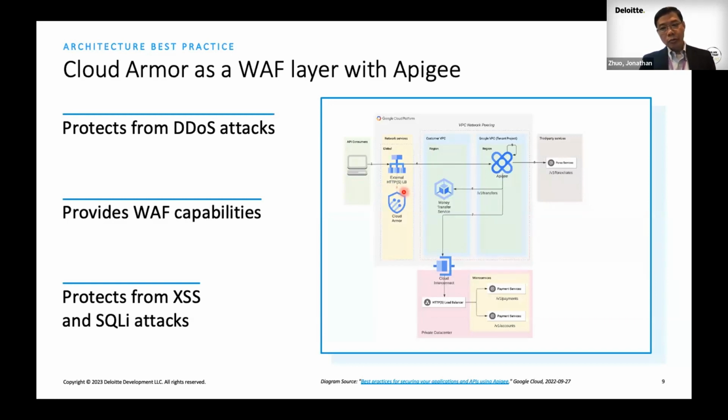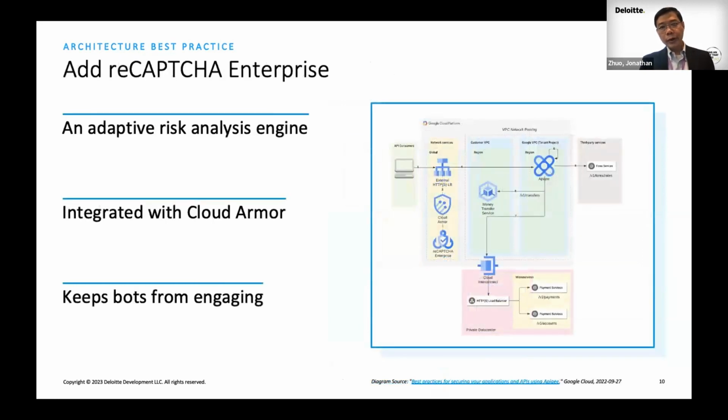If there's no Google Cloud Armor rules violation, HTTPS load balancing routes the request to the Apigee. And then Apigee processes the request, executes the security policies, and allows or denies the request. It routes the request to different backends, just like previously we described. Furthermore, to further enhance your security profile, you can also add reCAPTCHA Enterprise.